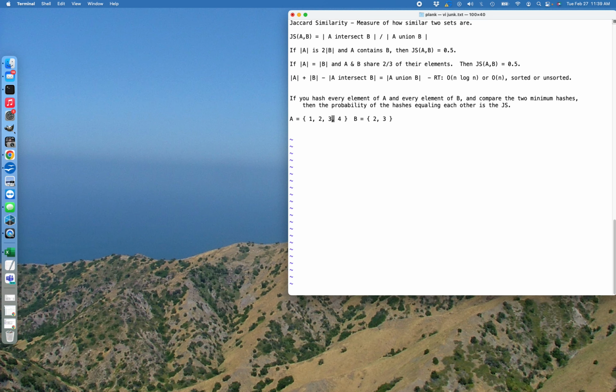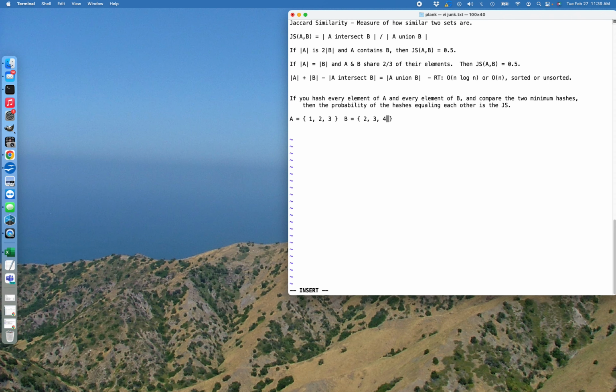Okay. Let's look at the other example. Let's say I've got A equals 1, 2, 3, and B equals 2, 3, 4. Right now they're the same size, and one has 2/3 of the other, so I should get 50%. It's the same thing, right? We have 4 potential hashes. The ordering is going to be random, so the probability of each one of these being the minimum is the same, 25%.